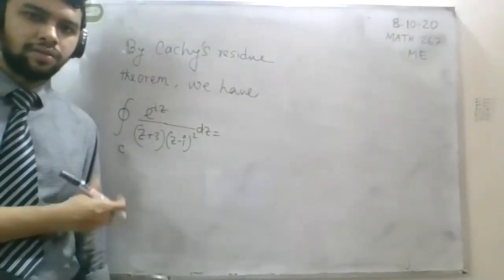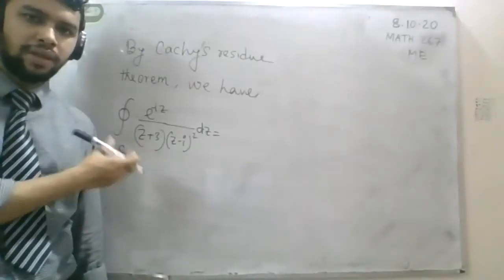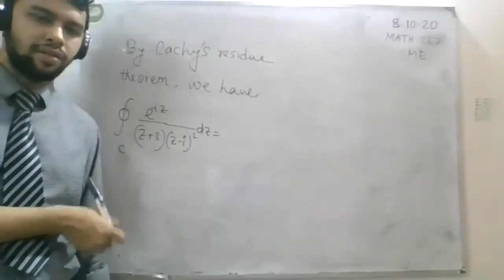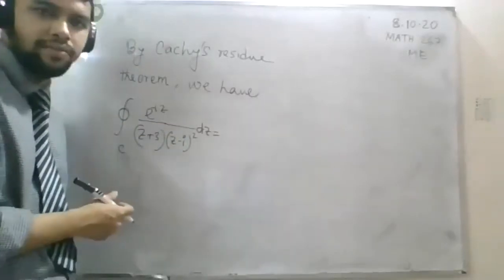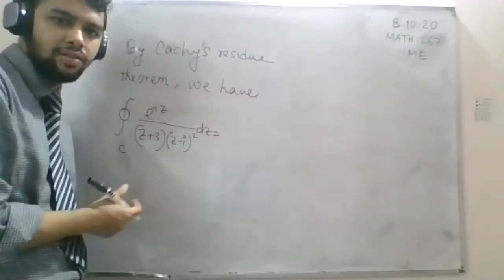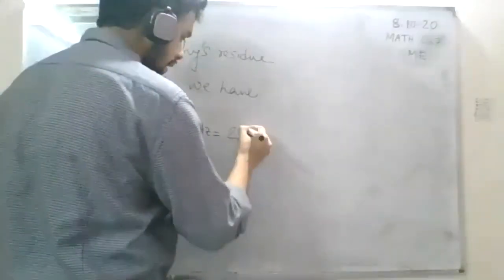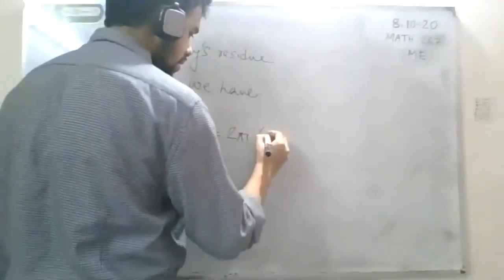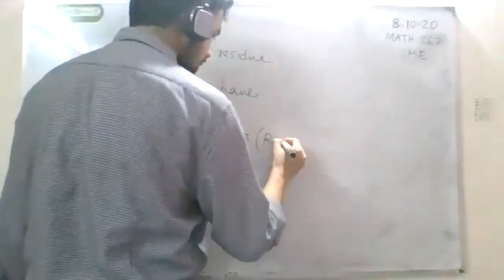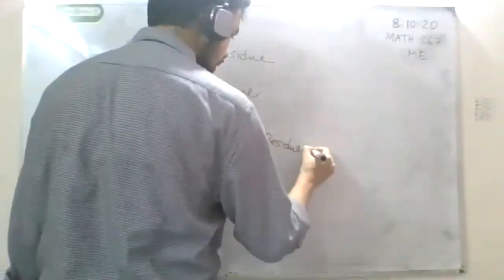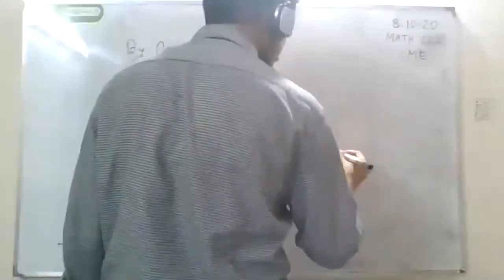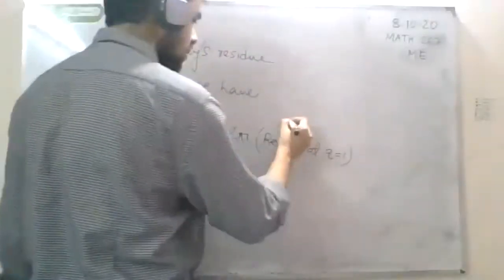So the only Cauchy residue is 2 pi i into the residue of our given function at z equals to i.